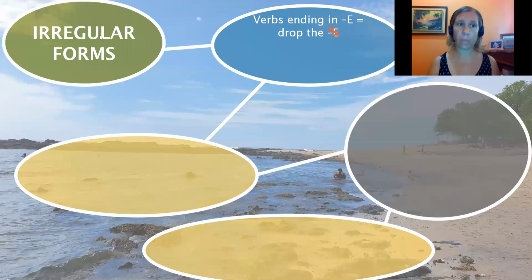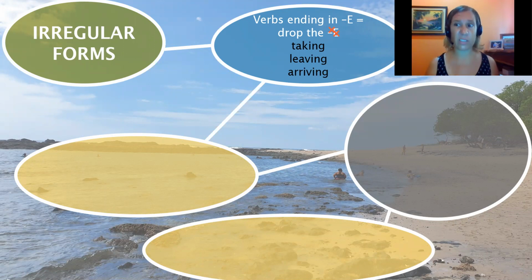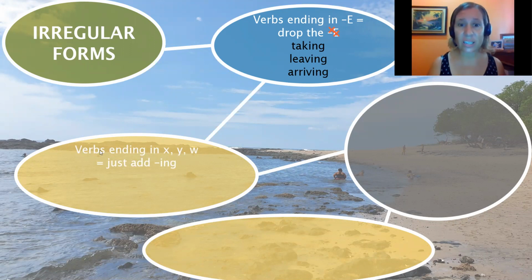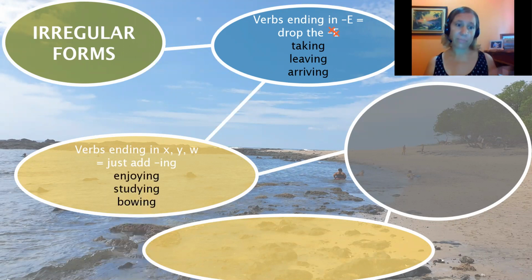Bye-bye. Taking, leaving, arriving. No E in these verbs. Verbs ending in X, Y, or W, just add ing. So this is like normal verbs, right? So it's kind of the same as talking, eating, enjoying, studying, bowing.